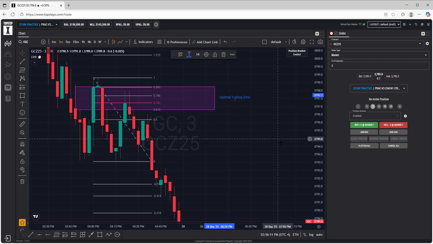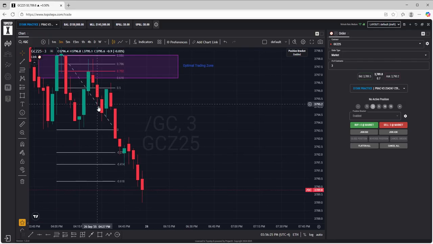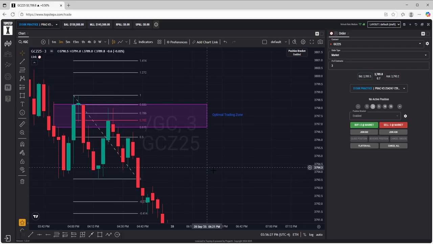As you can see, these are the premium discounted prices that price pulls back to and then continues in the trend that it is going.